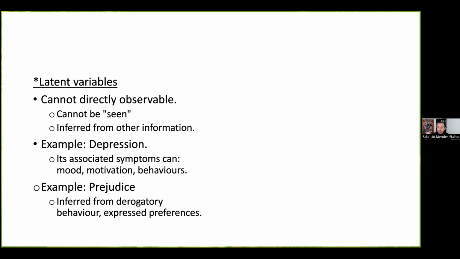We are inferring depression from a certain chemical process. Or for instance, we can observe that someone is in a low mood or is motivated or demotivated to do some things or is behaving in specific ways. Based on these things that we can somehow observe, we infer depression, but we cannot see depression directly, right? Another example could be, for instance, prejudice.